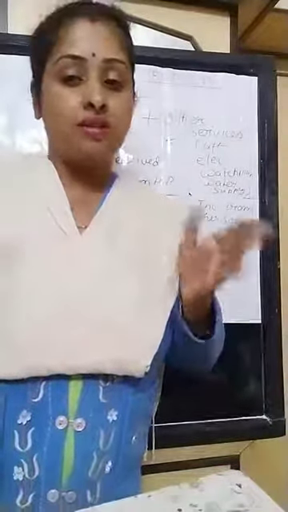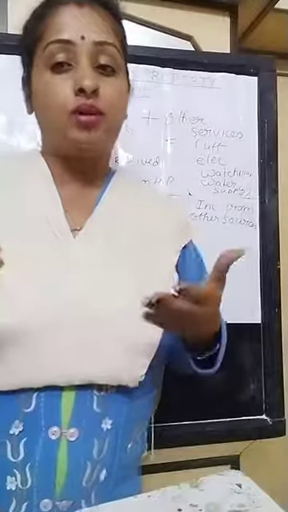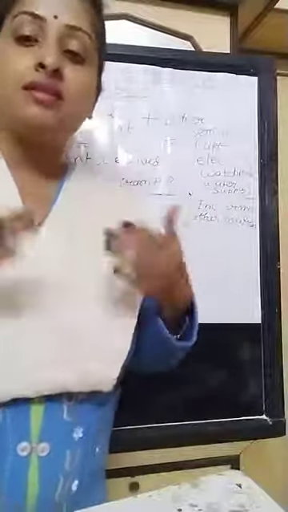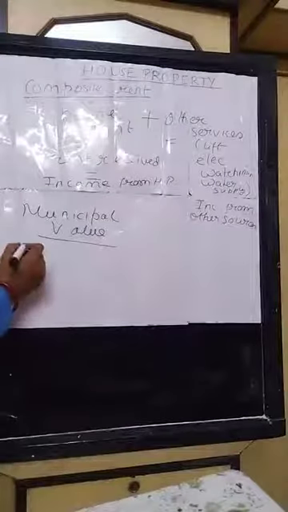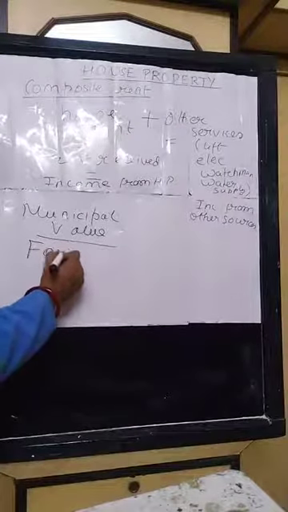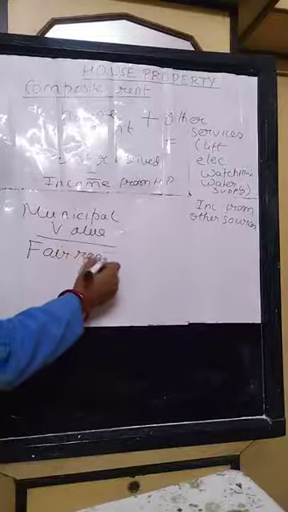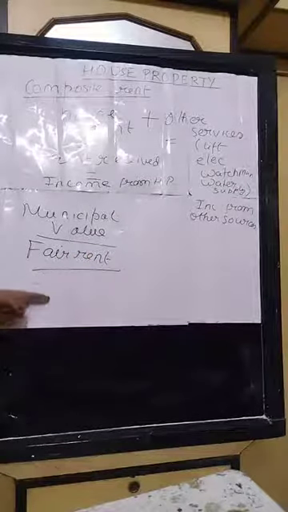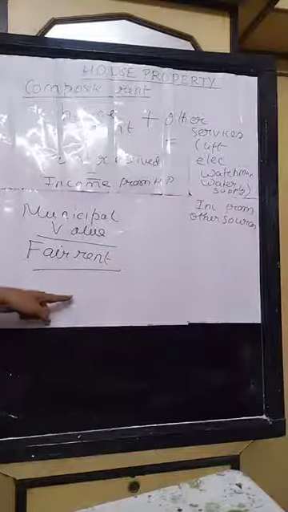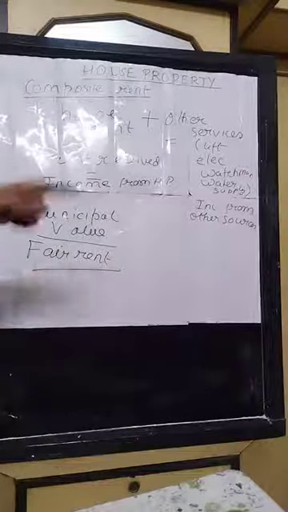But first, in this context, we must know two more important definitions: what is standard rent and what is fair rent. After municipal value, fair rent. This is the second important definition. What is fair rent? Fair rent is the rent which a similar kind of property may fetch in a similar locality.